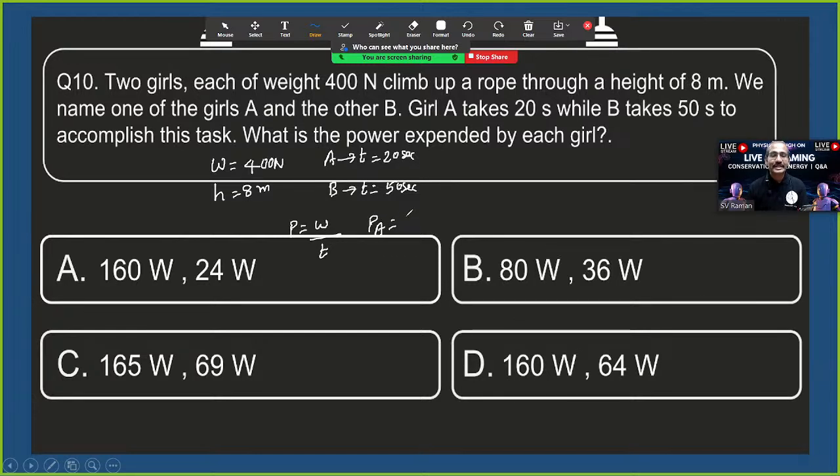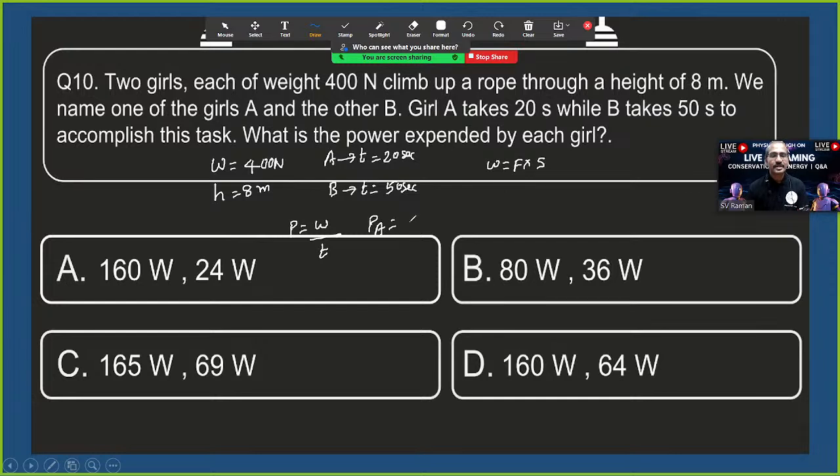So again, work done. How to calculate work done? W is equal to force into distance. Yes or no?